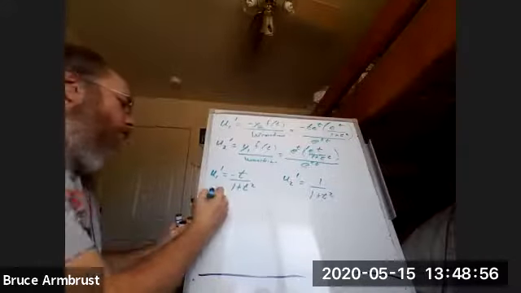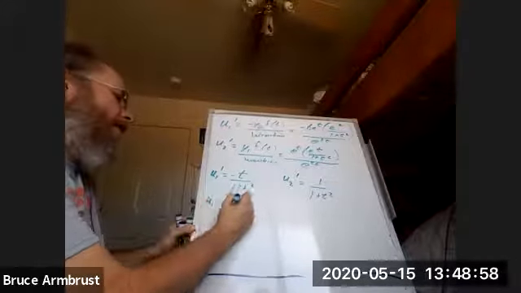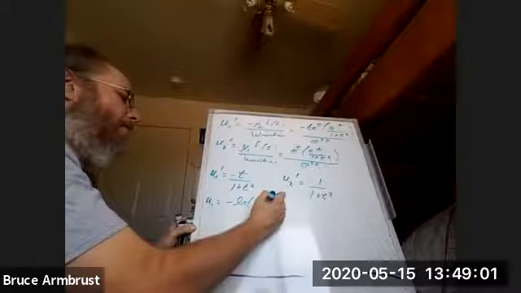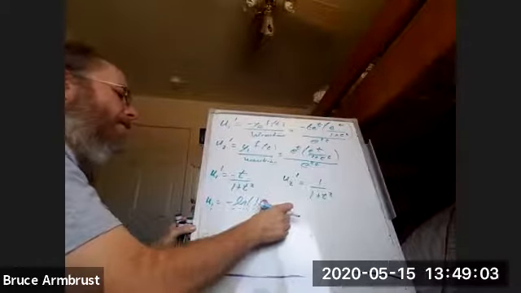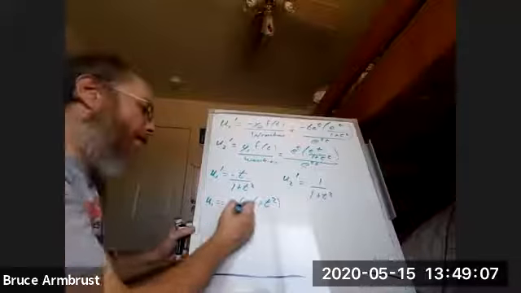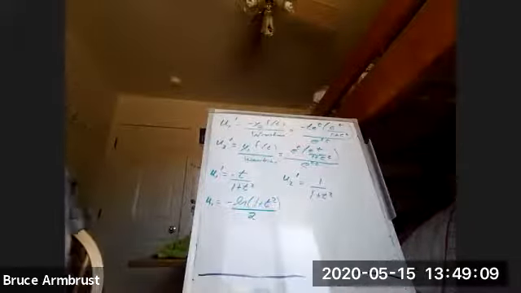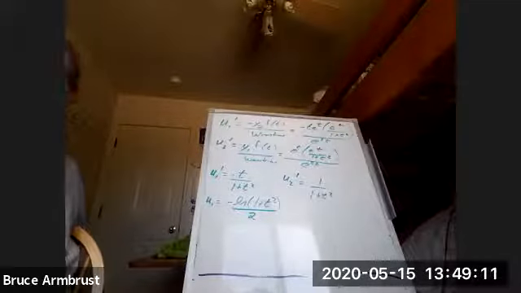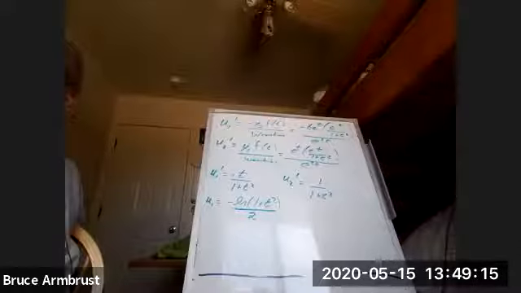So U1 is going to equal negative natural log of 1 plus T squared, and then divided by 2. You can get that just by doing u substitution, right?